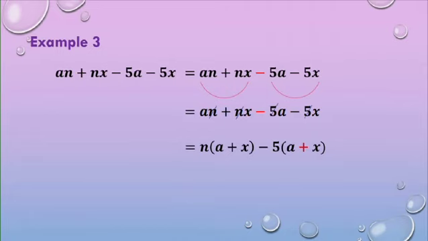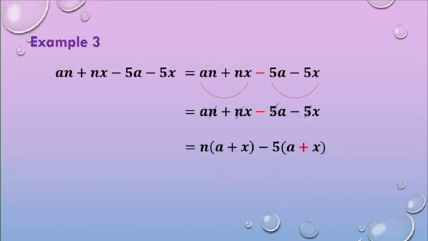You have seen that the sign inside the bracket has changed. Initially we had minus 5x, but when removing 5 outside the brackets, the negative sign has changed into positive, because we do have a negative sign in front of the bracket.